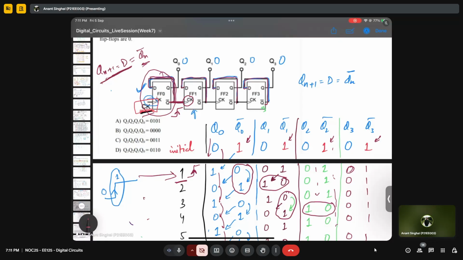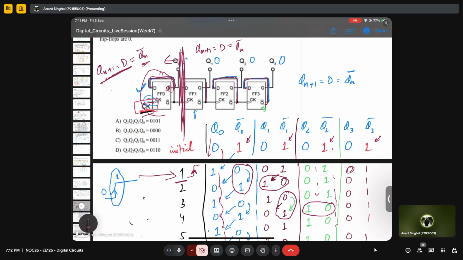Let's forget that this circuit exists and see only this. On the left hand side, this is the clock. The Qn plus 1 for this flip flop is actually D that you know, and it is connected to Qn complement, right?